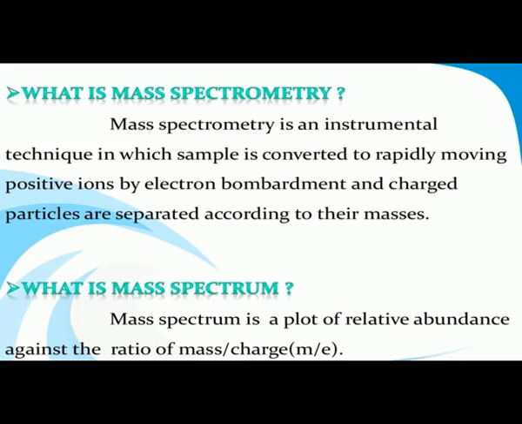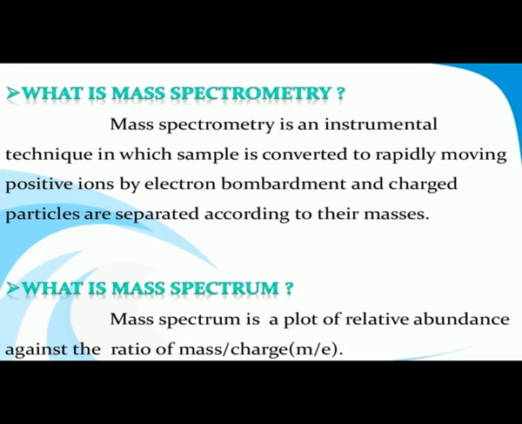The process involves the conversion of the sample into the gaseous state, with or without fragmentation, characterized by their mass to charge ratio. Here the sample is rapidly converted into positively charged ions by electron bombardment.